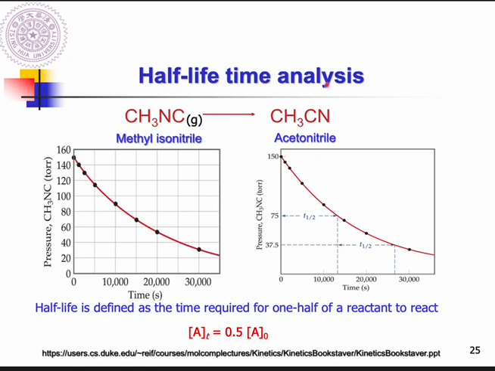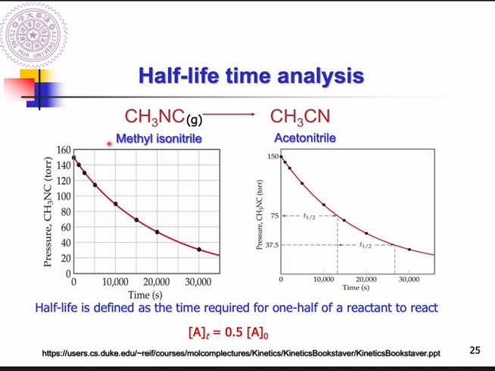The idea is similar to the previous one, but we don't take the slope for each data point at a specific time point. Instead, we consider the half-life time, which means when the concentration of reactants drops to 1/2 of its original concentration, how much time it takes. We call it half-life time analysis.